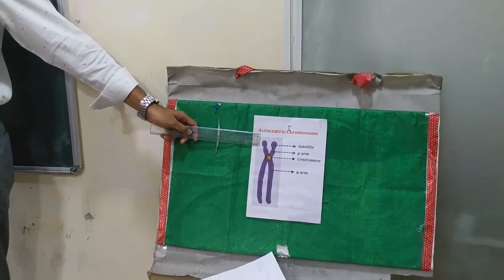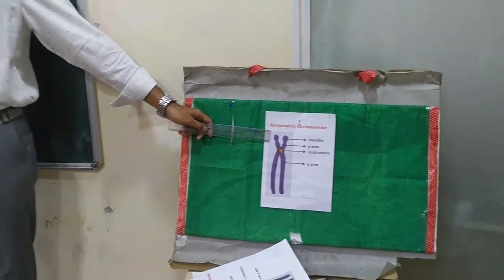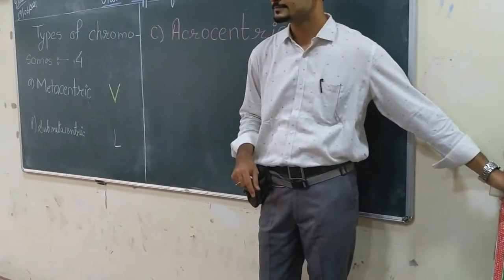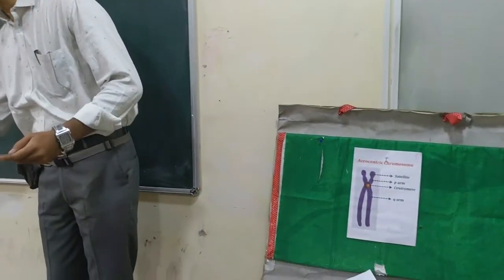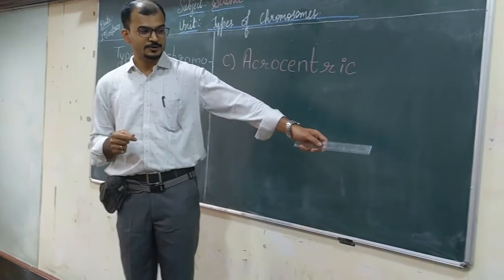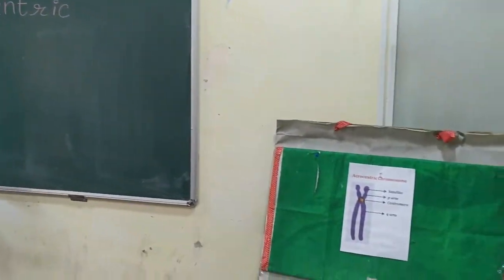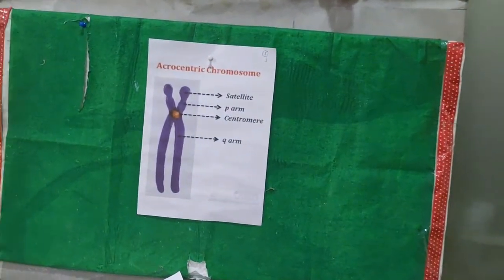Can you tell which is that? Observe it. Not in the center. It is a little here. Very good. You are observing very well. Keep it up. So you see the centromere is lifted a little up from the center, or maybe down. Depends on how you look at it.